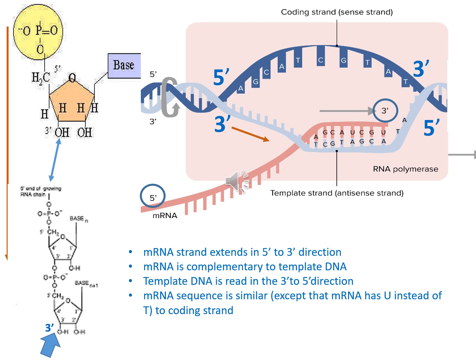This strand that provides the template for the mRNA is called the template strand, which is complementary to the mRNA sequence and is read in the 3 to 5 direction.